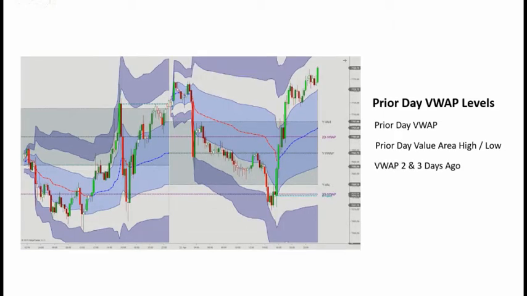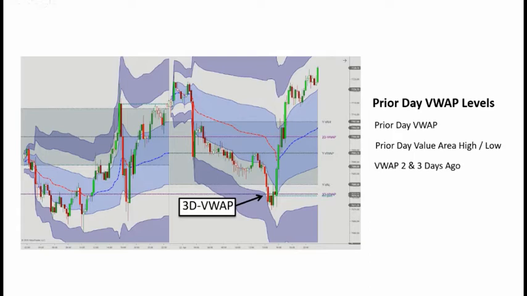Our daily VWAP also plots the VWAP levels set 2 and 3 days ago. So previous VWAP levels are important key support and resistance levels. So a good idea to be aware of where they are located. Here we see the pre-session action ending in a test of support at the VWAP level from 3 days ago.